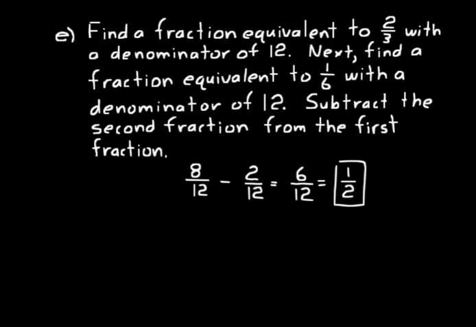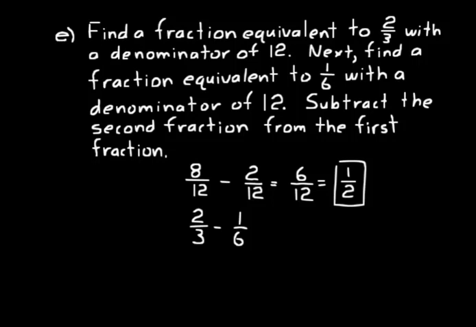One thing that I want you to see in this problem is that we did 8/12 minus 2/12, but think about what we started with. 2/3 minus 1/6. Now you look at that and you're like, well, I can't do that subtraction. I can only subtract fractions if the denominators are the same. But that's what we did there, is we made the denominators the same, right?